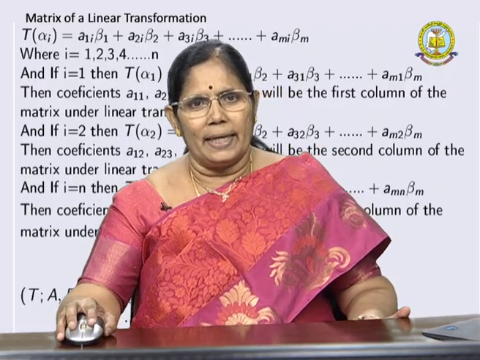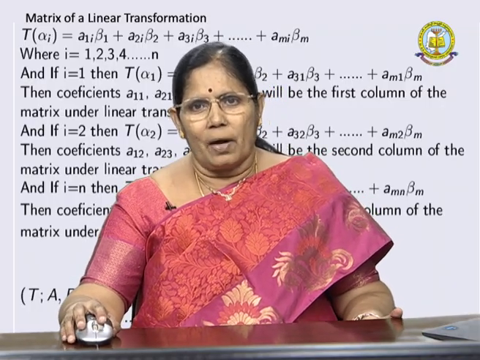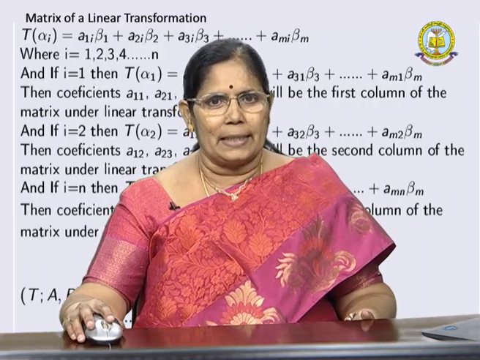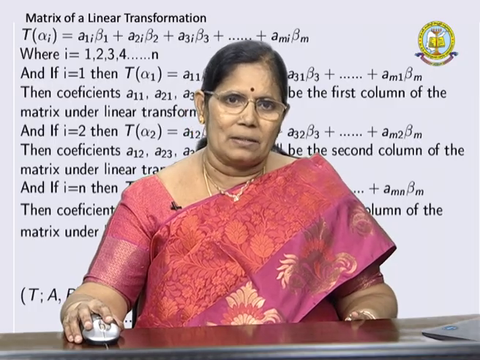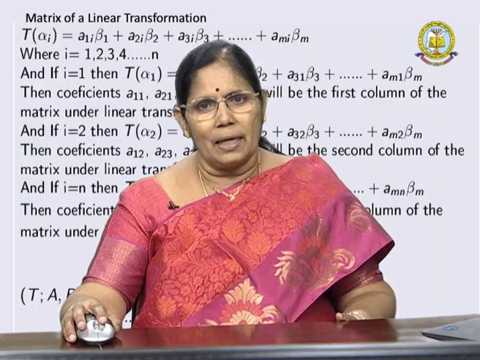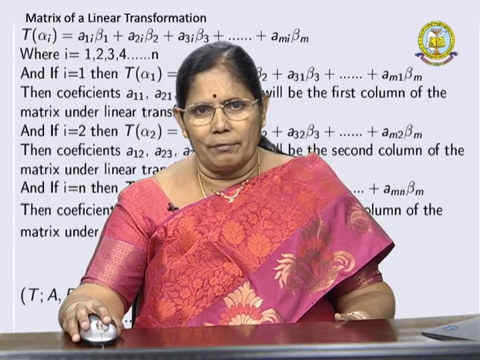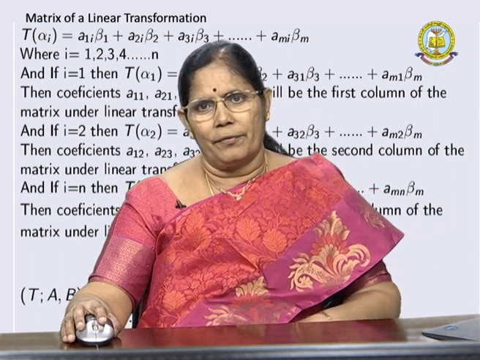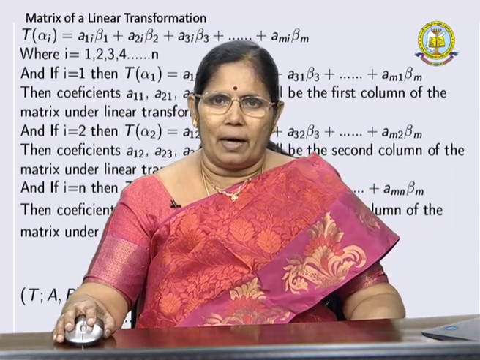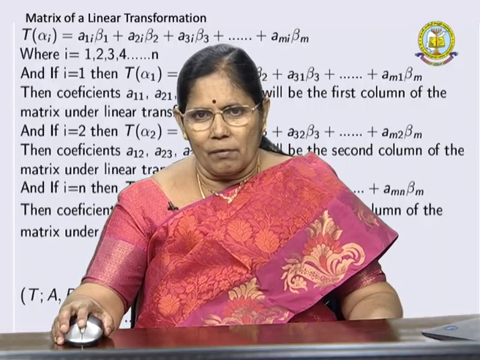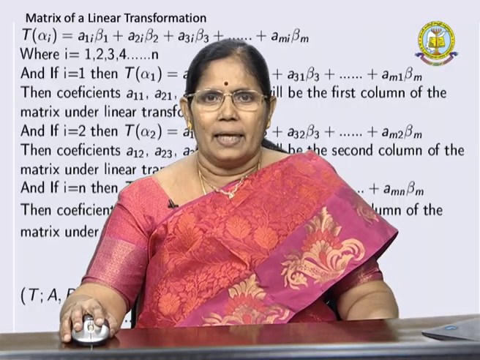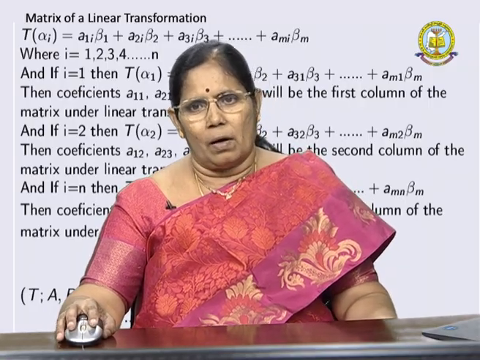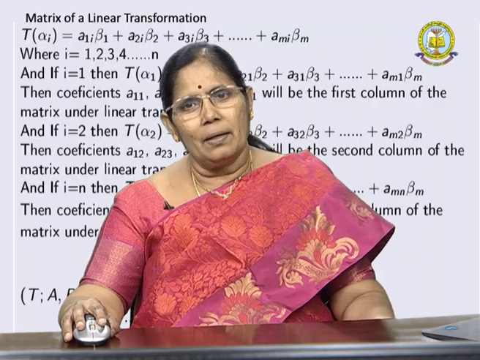Now, what do you mean by T of alpha 1? You have T of alpha 1 belongs to V, and this T of alpha 1 can be expressed as a linear combination of elements beta 1, beta 2, etc., beta m. Why? Because B, alpha 1, alpha 2, etc., alpha n, is the basis of U, and B dash, beta 1, beta 2, etc., beta m, is the basis of V. As T of alpha 1 belongs to V, it is a linear combination of beta 1, beta 2, etc., beta m.